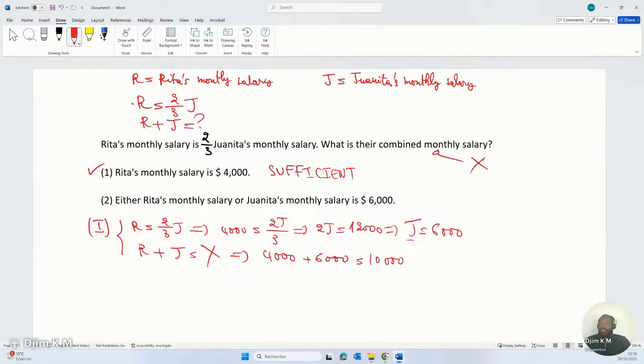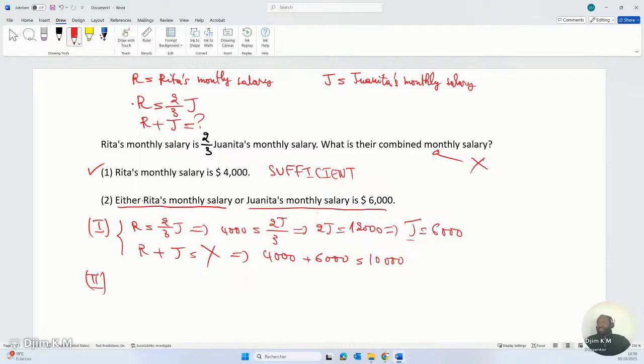And the second condition: either Rita's salary or Juanita's monthly salary is 6,000. So what this basically means is that sometimes we can consider Rita's salary to be equal to 6,000.